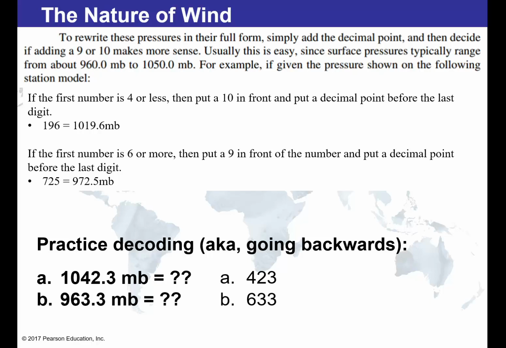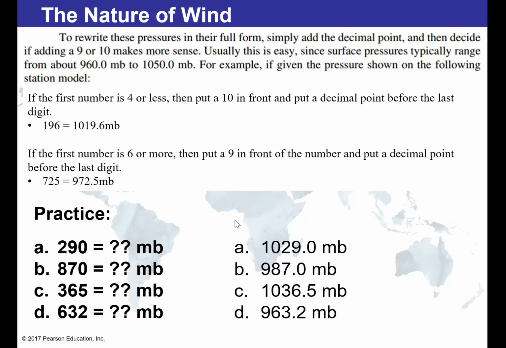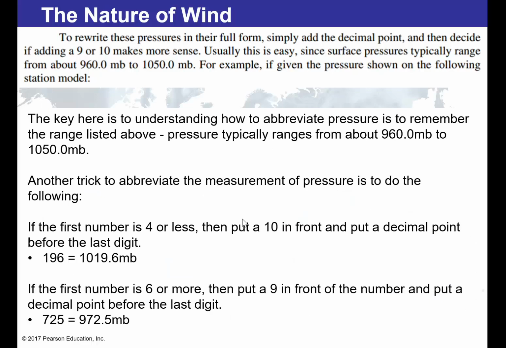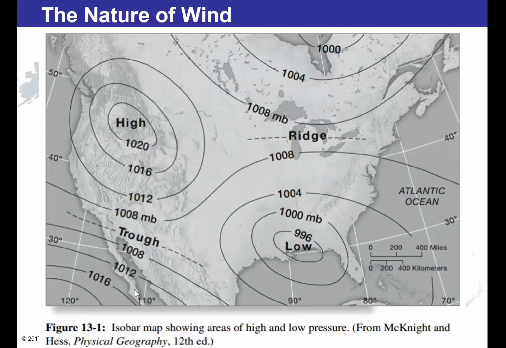For Lab 9, the practice and the graded lab, you're going to be asked to decode the station model dealing with the pressure points and the pressure gradients, as well as using your knowledge of isolines, specifically these isobars, to evaluate the accuracy of the isobars displayed on a map. So keep in mind our high and low pressure systems.